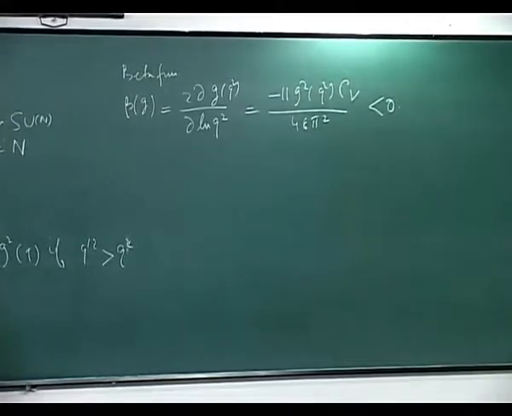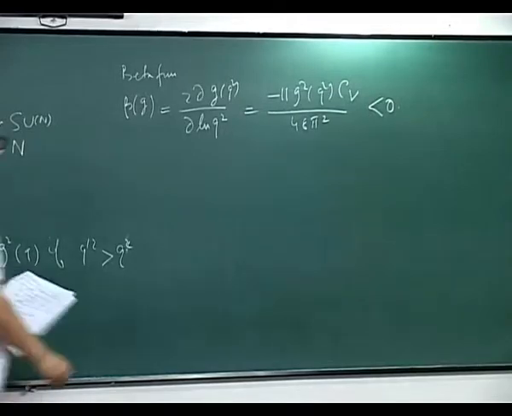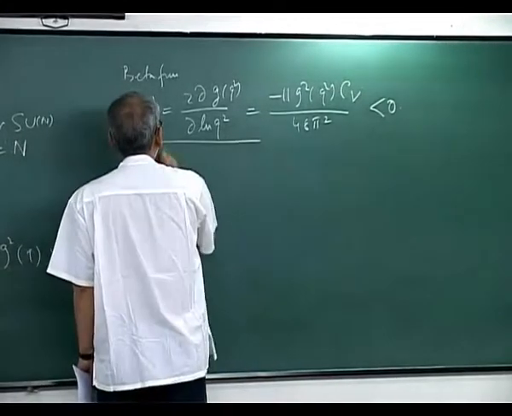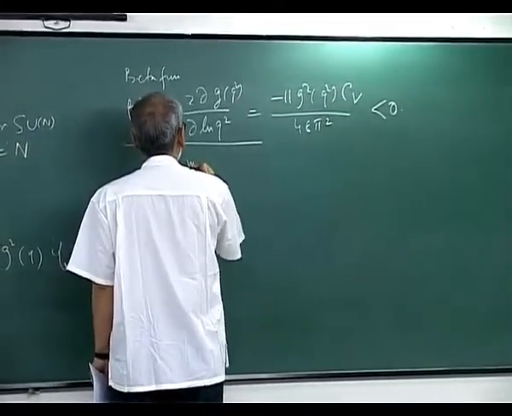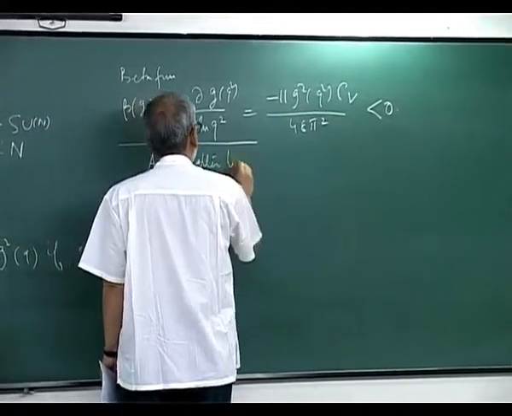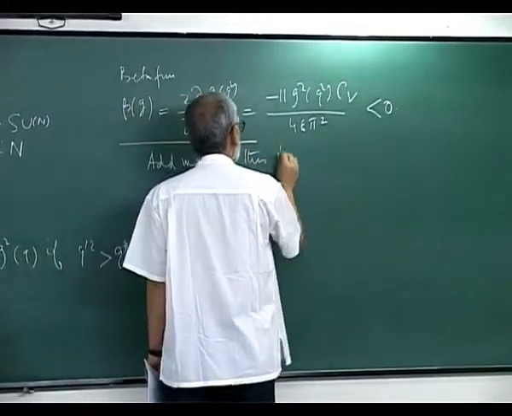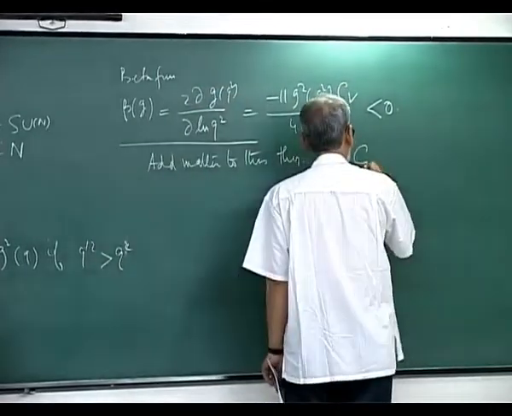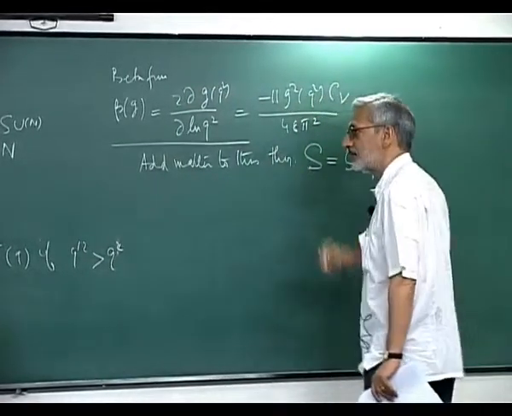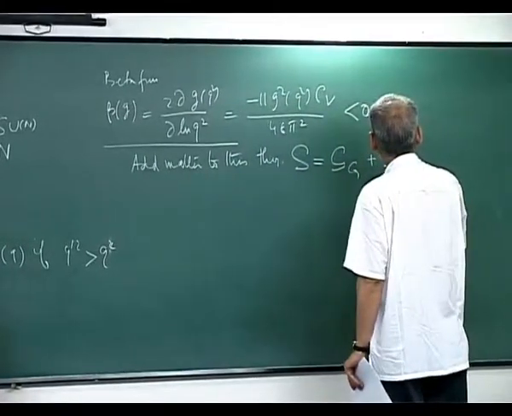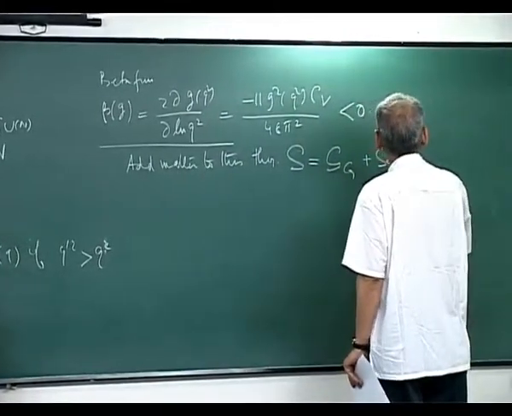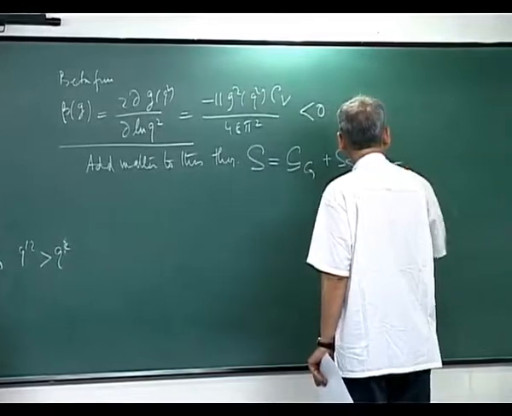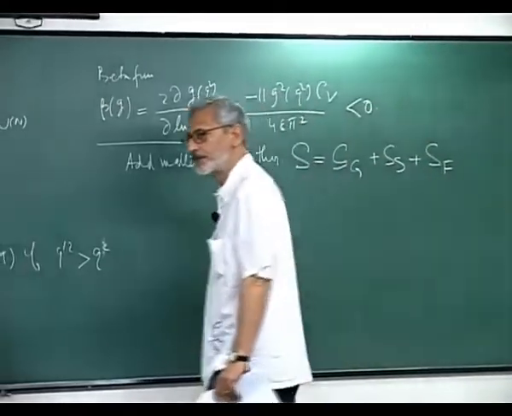And then we said we'll add matter to it. Add matter to this theory, which means take the action, the gauge action, plus an action for a set of scalar fields, plus an action for a set of fermion fields.